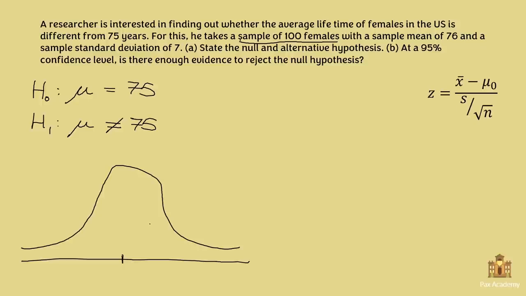Because this is a two-tailed test, and it's a two-tailed test because it can either be higher than 75 or lower, it is not a one-tailed test. Two-tailed means it can be on either side, so we need to draw a shaded region on both sides. This shaded region is going to be the rejection region.